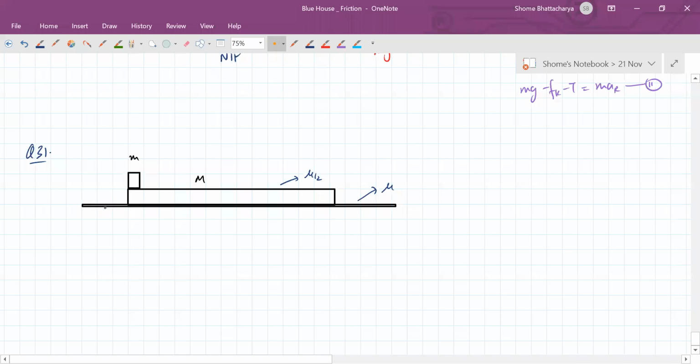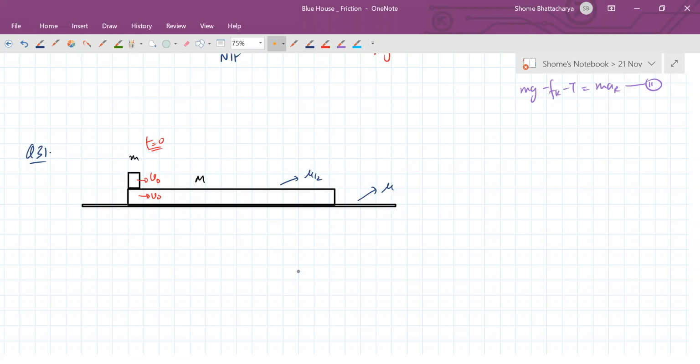That means some impact force kind of thing has been applied, such that both the blocks start moving together with a velocity of V naught at t equal to 0. So you have to find after how much time they will lose contact.